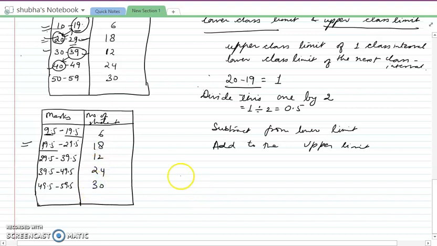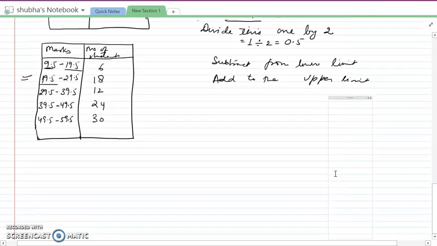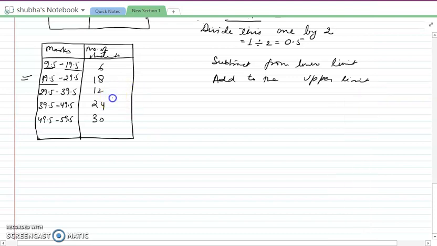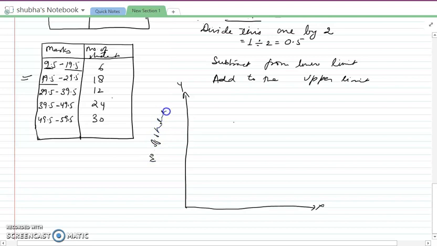So now how do we make the histogram? We'll make the histogram with these new class intervals. We have to pay attention to one thing here. Look, this is your x axis. This is the y axis. We'll plot the number of students here. Here we'll put the marks.